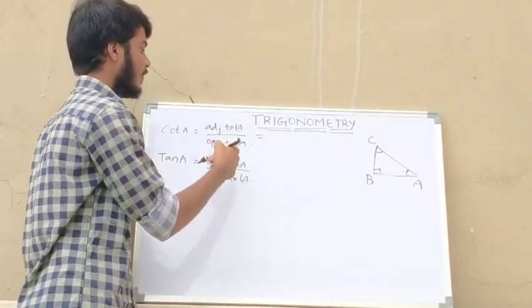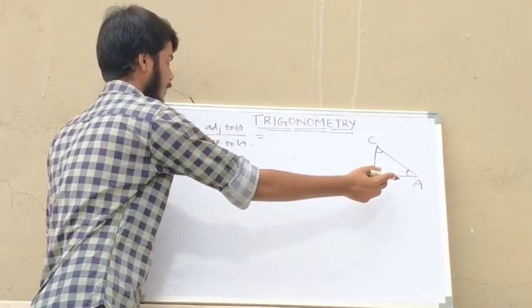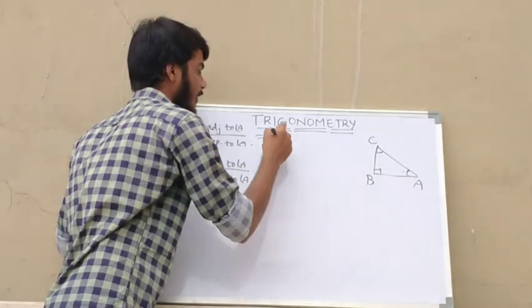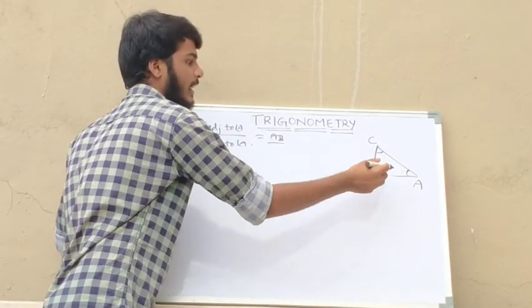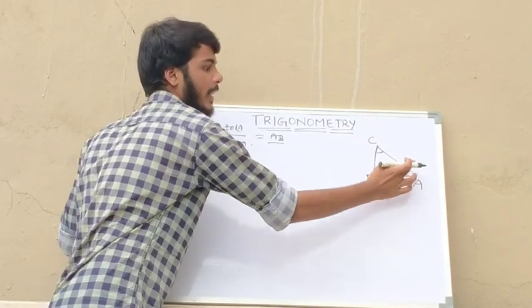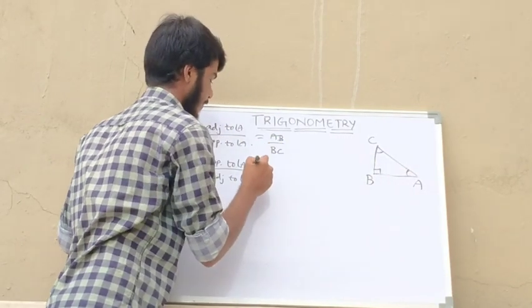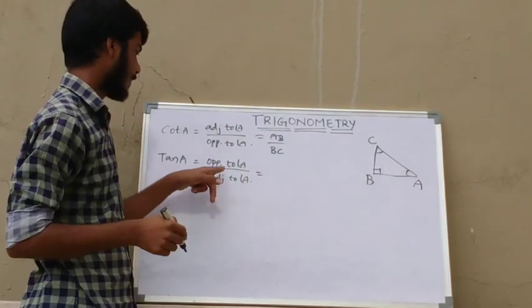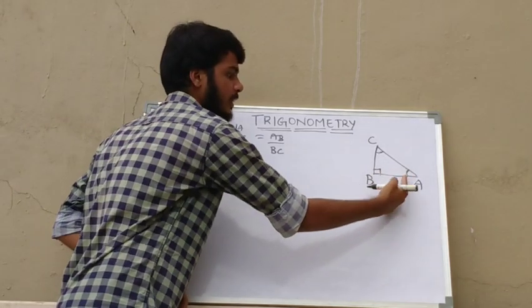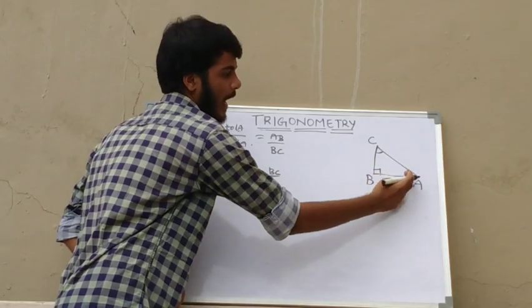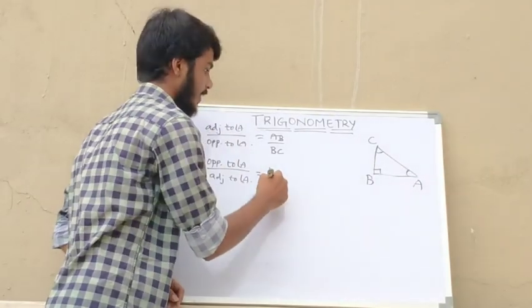So from the figure, cot A is adjacent to angle A, which is AB, by opposite to angle A. Here, for angle A, opposite is BC. Next, tan A is opposite to angle A, here BC, by adjacent to angle A, adjacent is AB.